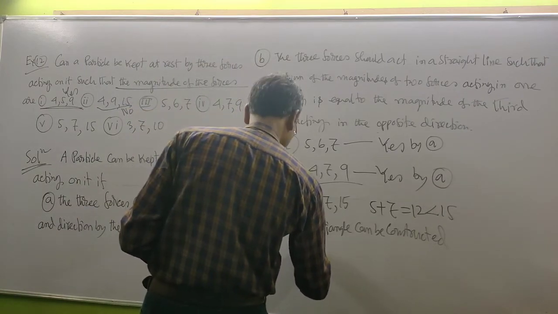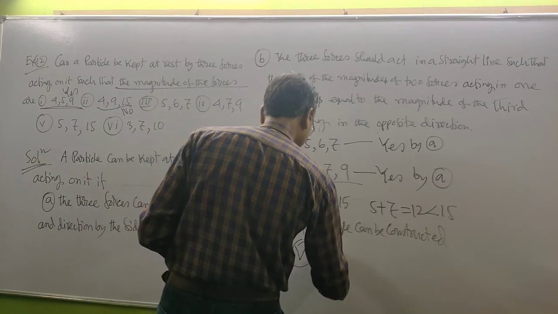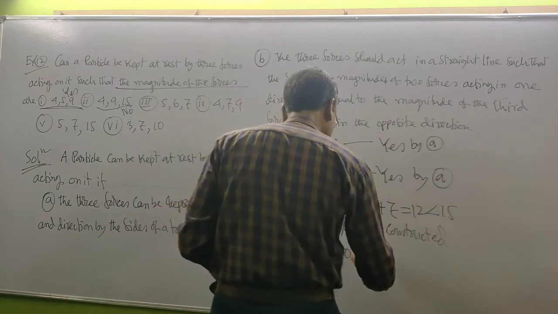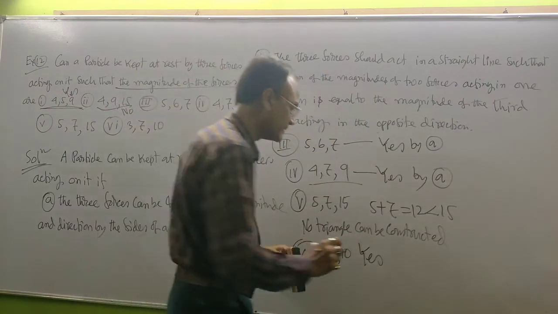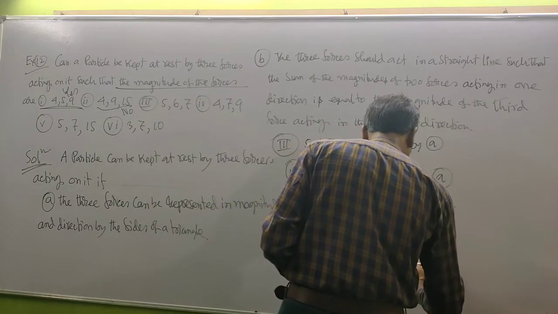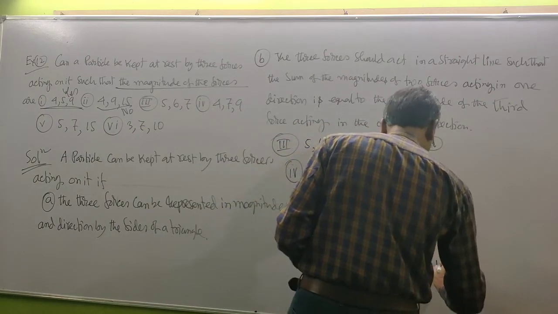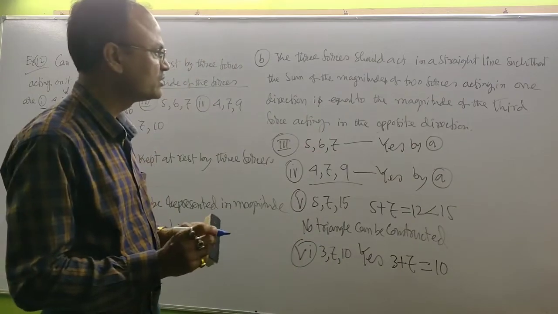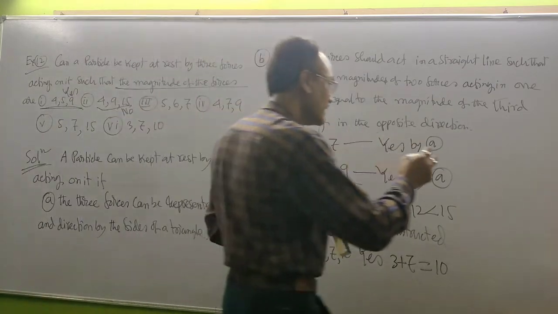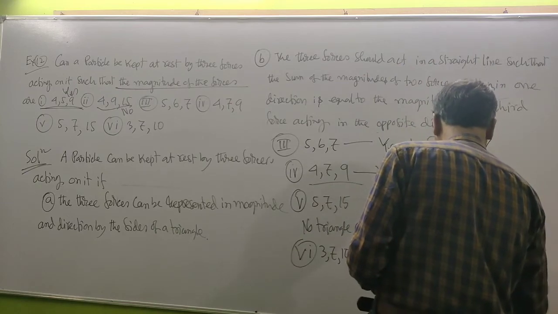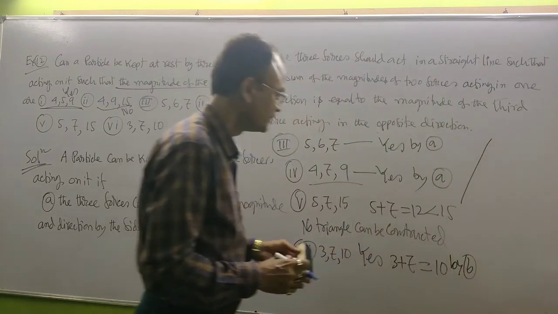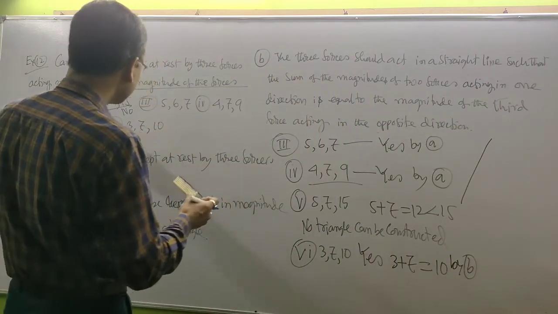Number 6: 3, 7, 10. Yes. Answer is yes. Why? 3 plus 7 is equal to 10. Therefore, by condition 2, it is yes.